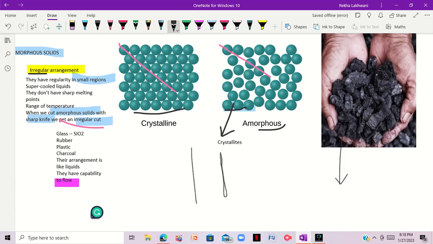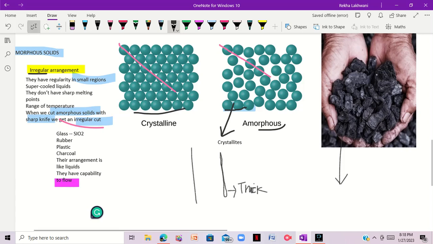After some time the bottom becomes thick. Why? Because under the constant influence of gravity, the windows of very old houses become thick at the bottom and thin at the upper side. So this is flowing towards gravity.